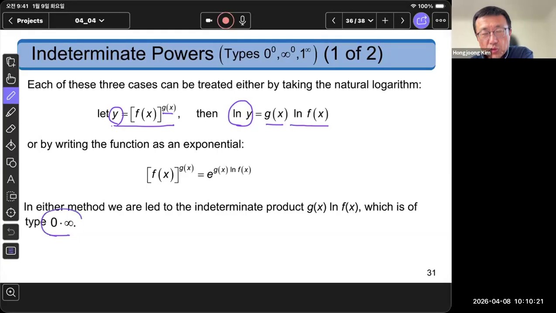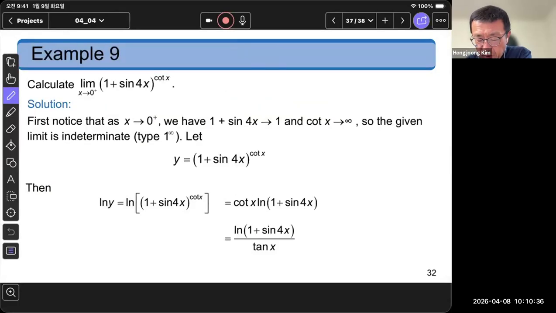Then probably one of these two functions will converge to 0 while the other one will diverge. Okay. Let me give some example.